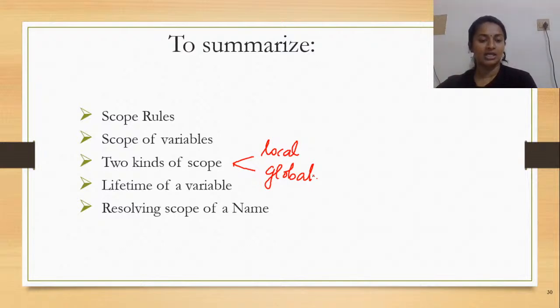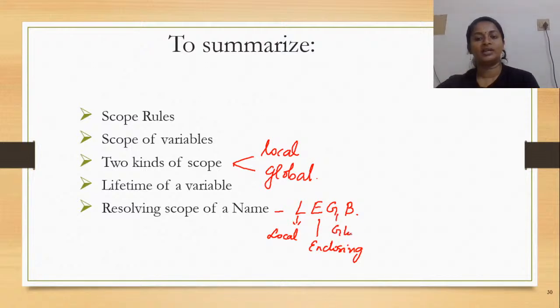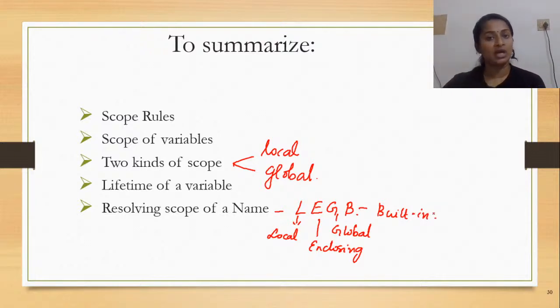Later on, we saw the lifetime of a variable, followed by how to resolve the scope of a name and what Python uses for name resolution. It uses the rule LEGB, wherein L stood for local, E for enclosing, G for global, and finally B for built-in. And how is a name resolved?